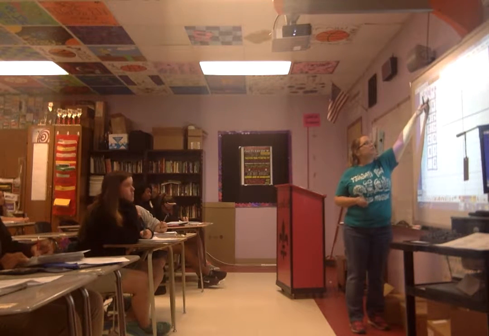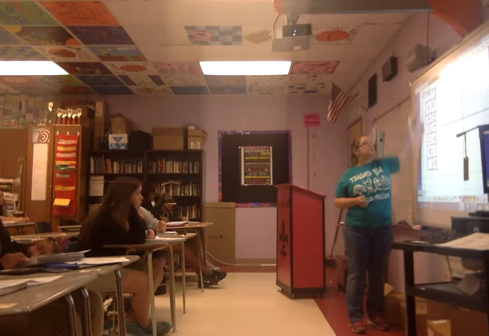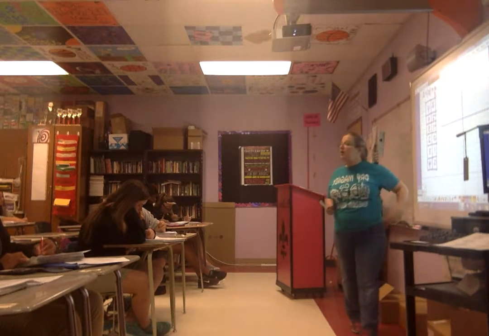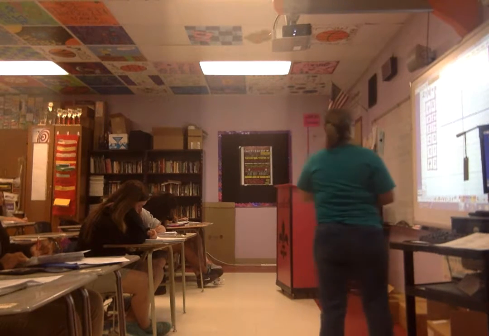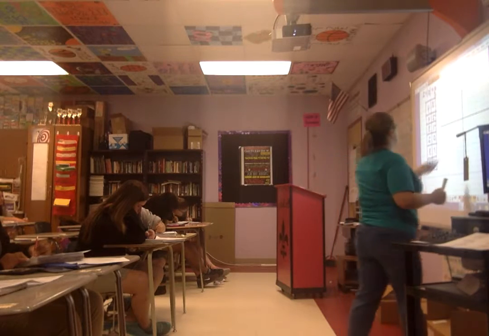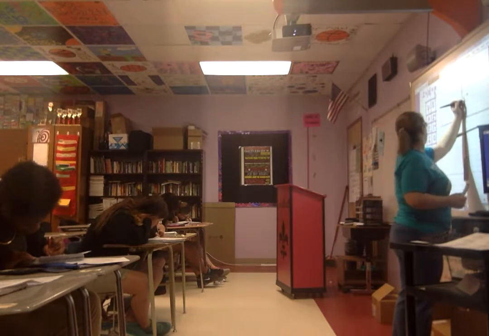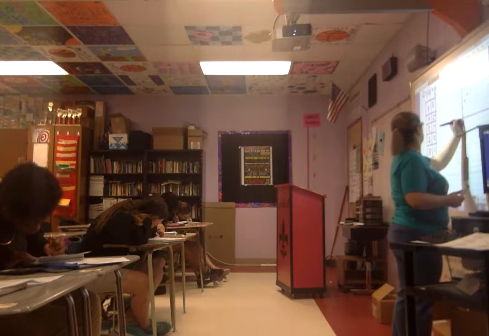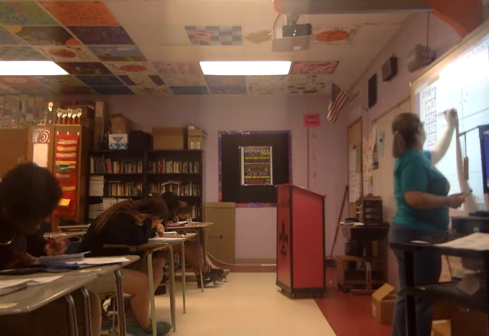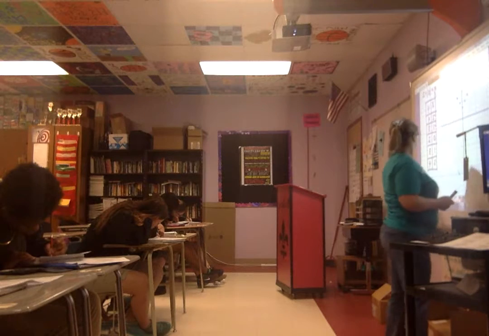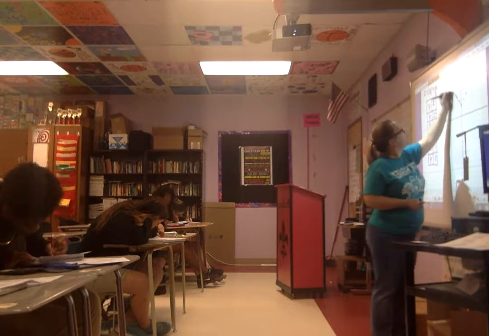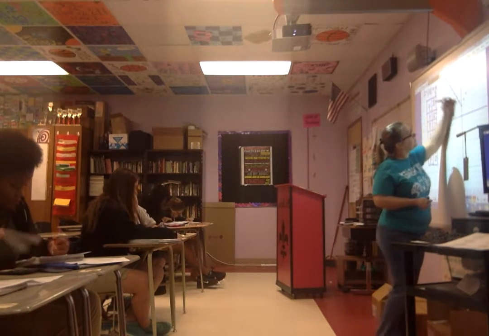Absolute value of 2? 2 plus 2 is? 4. Okay, I want to graph this. So I have -2, 4, -1, 3, 0, 2, 1, 3, 2, 4. Take my straight edge, connect my points.